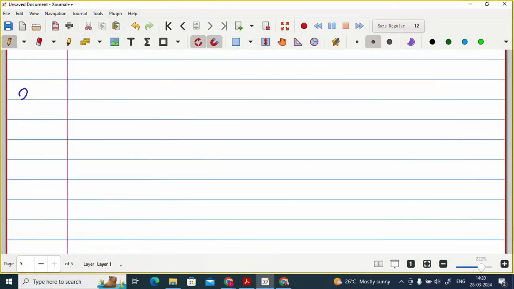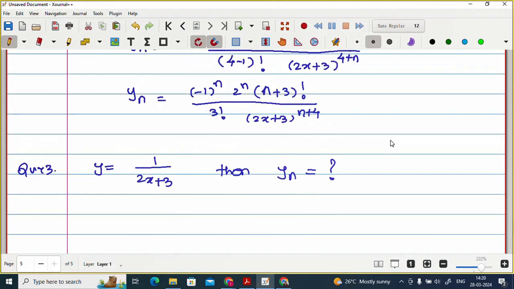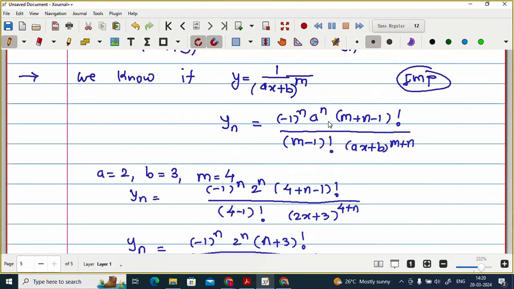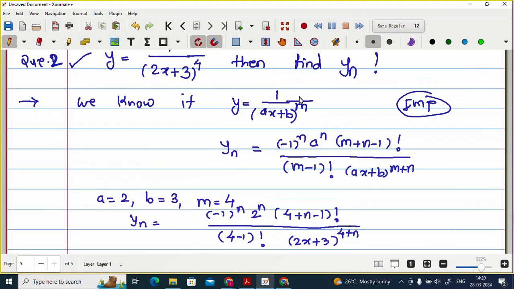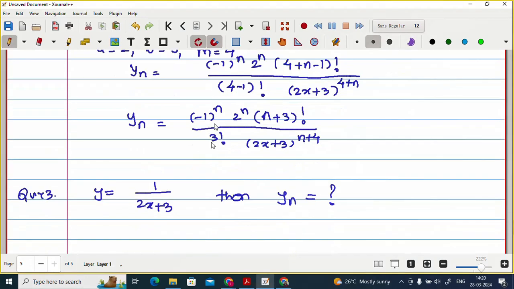Now similarly, suppose I have question number 3. If my y is 1 upon 2x plus 3, then what is yn? Now is it a special case? Again we can use the same formula, we will use the same formula. Only what is the value of m here? In the previous example the value of m was 4.